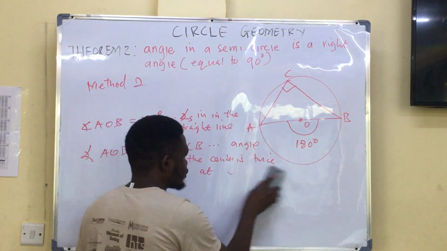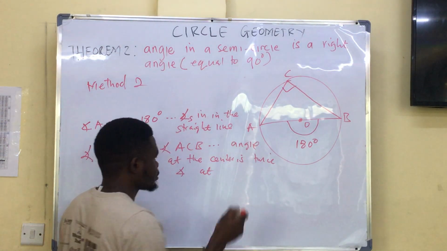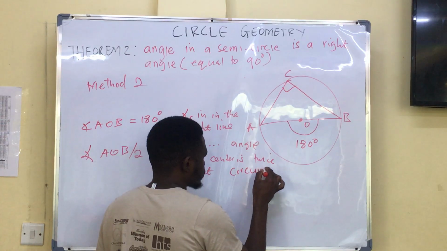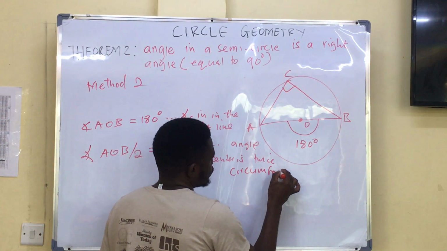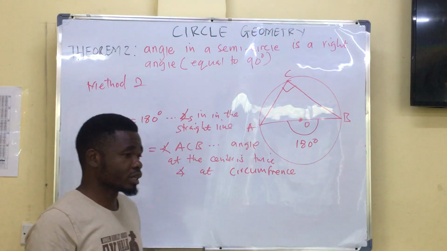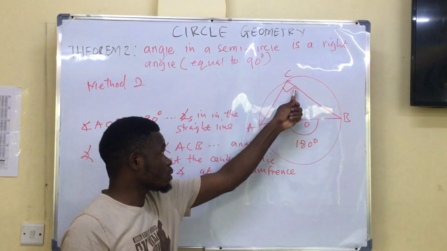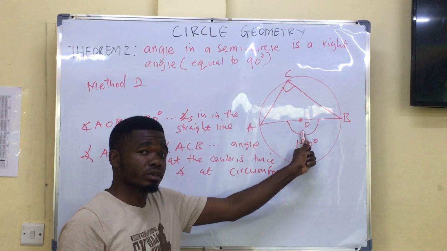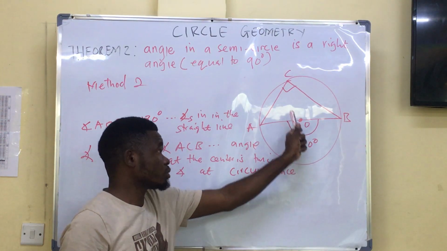Let me write the word circumference quickly. Angle at the center is twice the angle at the circumference. Meaning that this angle times 2 is equal to this angle. This angle divided by 2 is equal to this angle, right?